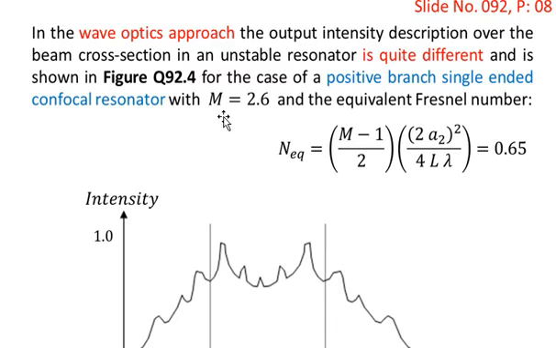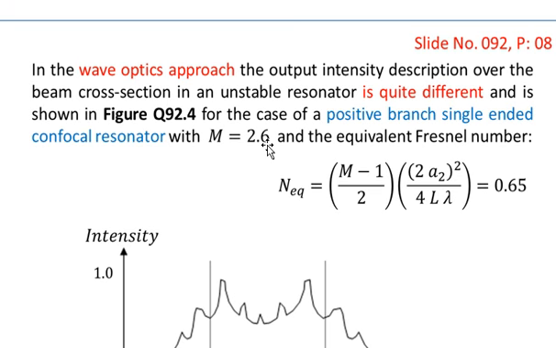So you see that we are talking about the magnification M equal to 2.6 in this case. In this particular case, the simulation results are presented. Single-ended means, as I have explained, that the output will be obtained only from the side of mirror 2, not from the end of mirror 1. So this is the single-ended.